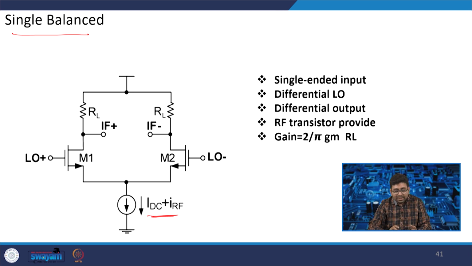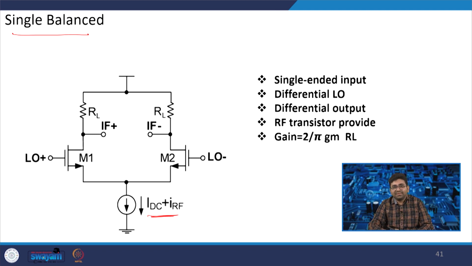It has a disadvantage that because there is a single ended input, there is a high LO to RF, LO to IF or RF to IF feedthrough, but the advantage is it consumes low power and it has a single ended input, so you do not need to convert into differential.